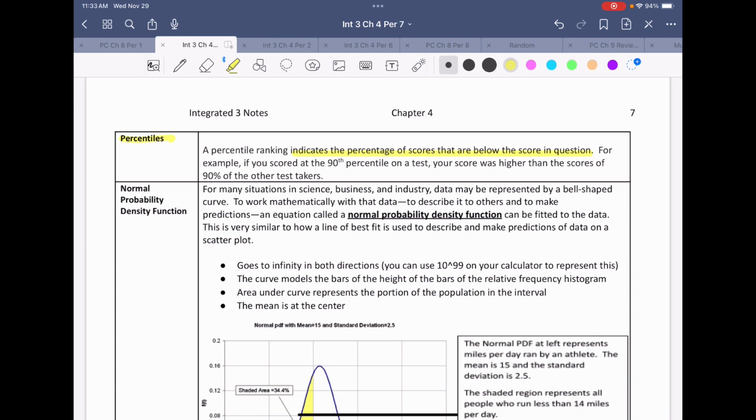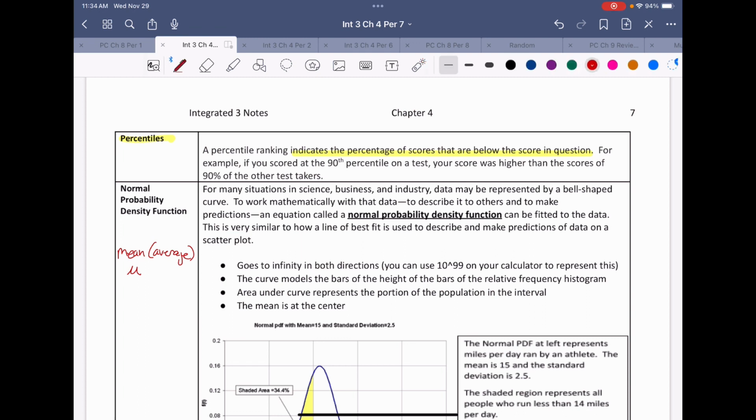So the first thing I need you to know, you can read through this on your own, obviously, but the mean, which is just another word for average, they use this mu symbol. It looks like a cursive U, but it's the Greek letter mu.